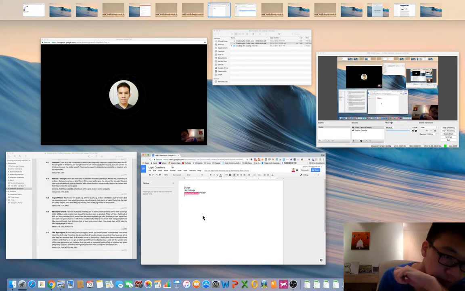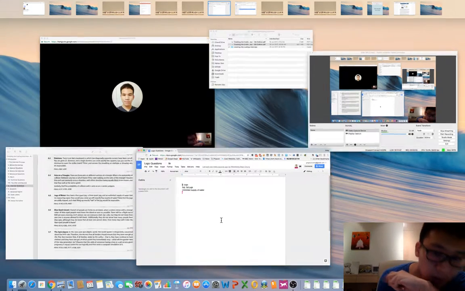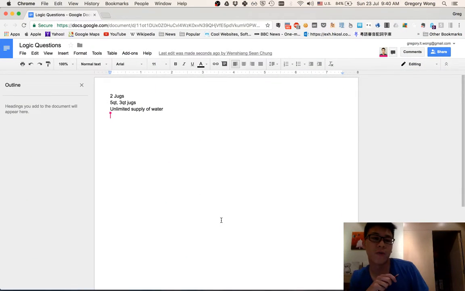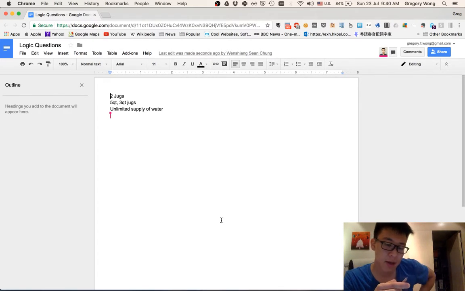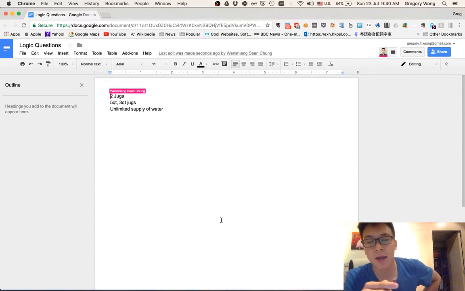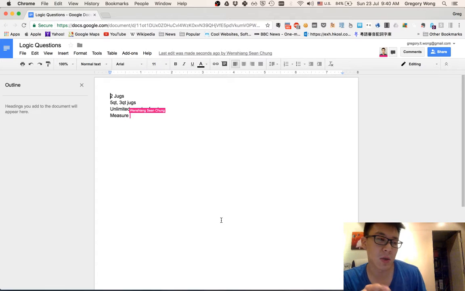How can you measure 4 quarts using the two jugs? One thing to keep in mind is that these jugs are irregularly shaped, so you can't just say, okay, I'll measure half of it.